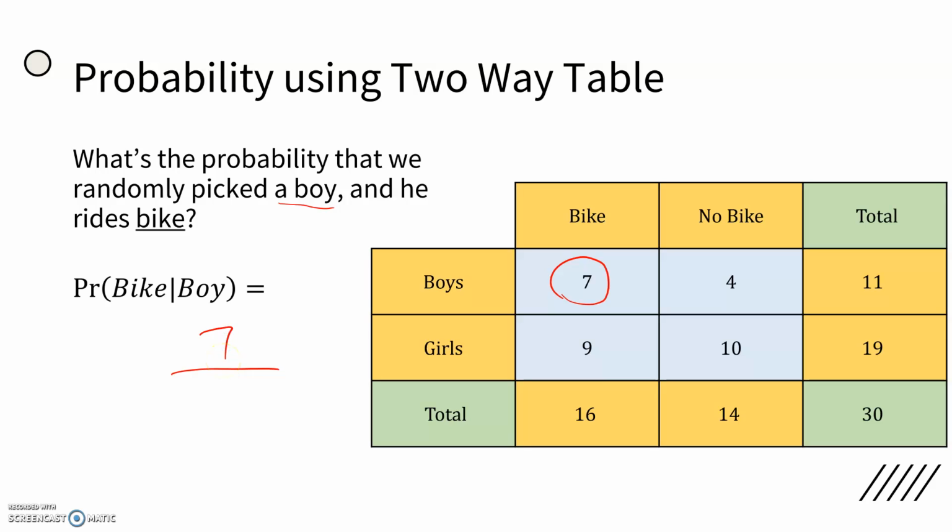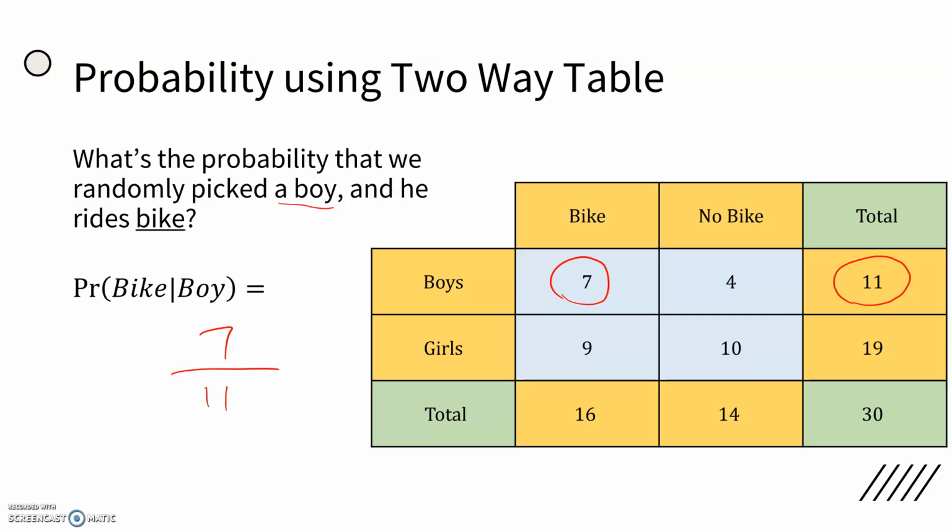But because we randomly pick a boy, instead of using the 30, we will need to use the 11, because there are only 11 boys in this sample. So we just say that is 7 over 11. And no need to simplify, that's already the simplest form.